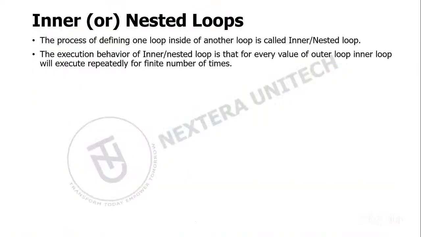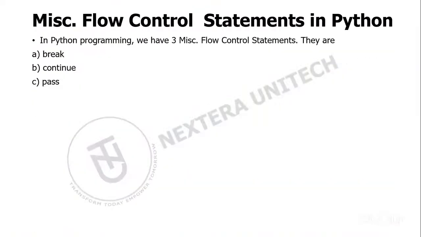And we have miscellaneous flow control statements. So this is the last topic that we are going to learn as part of today's session. So we'll be talking about it and then we'll wind up the session. Very small topics. So let us understand them quickly. What is the purpose of these miscellaneous flow control statements is what we are going to discuss now.